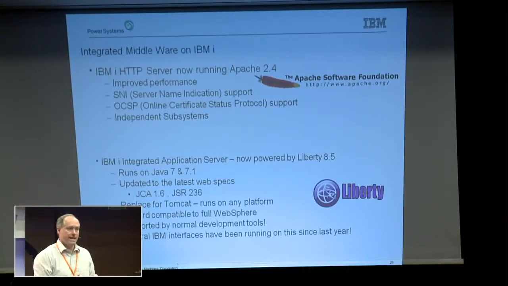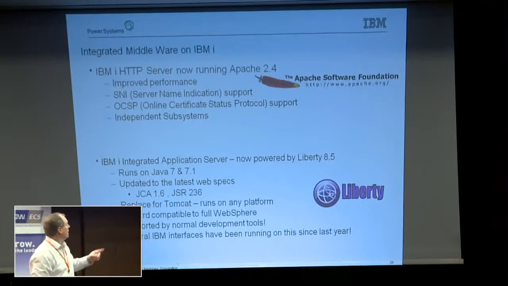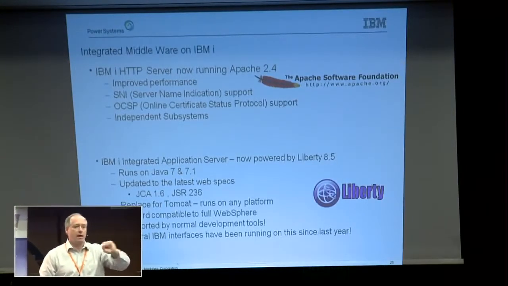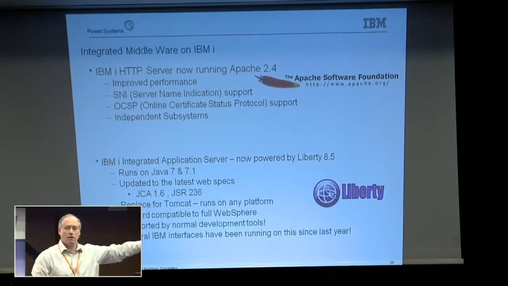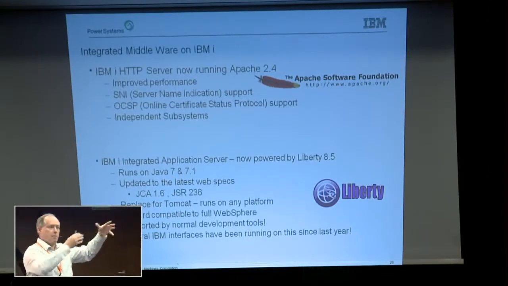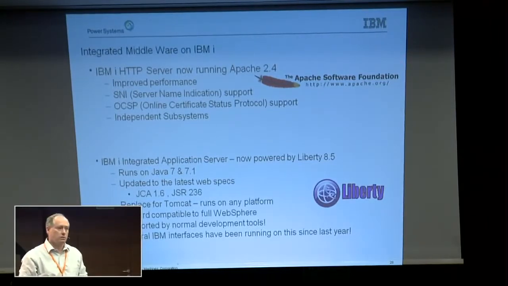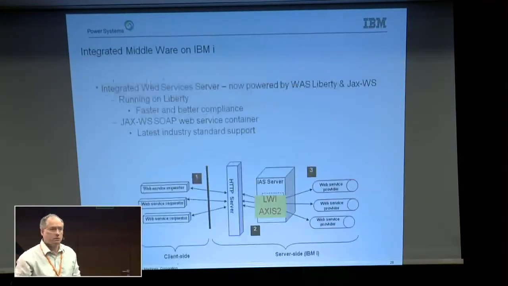And is guaranteed to be upward compatible to the big WebSphere if you need to go there. Tomcat's not. It will run on any platform. I can develop it on my Mac, my Linux, my Windows PC, pick up the entire application, drop it onto my I, it's guaranteed to work. Very useful.